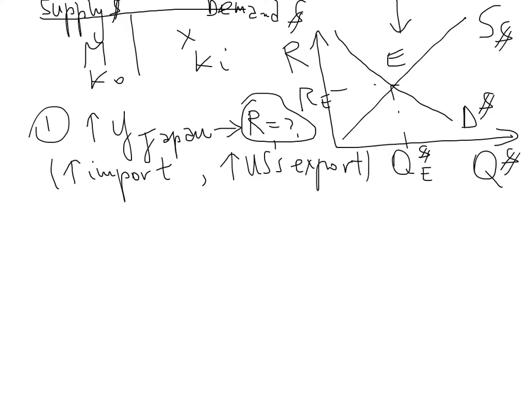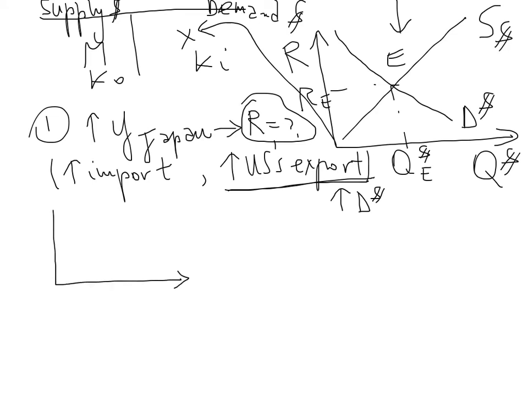So if we have an increase in US exports, where do we have US exports on our chart? Exports is over here. So that means that we have an increase in demand for dollars. So now we have to show that on a graph. Increase in demand for dollars.